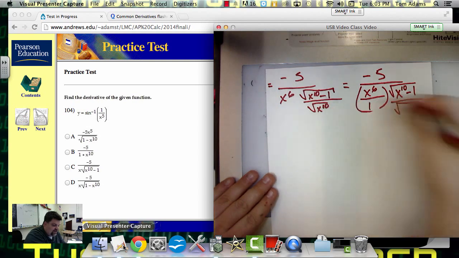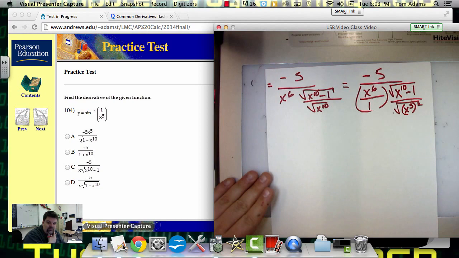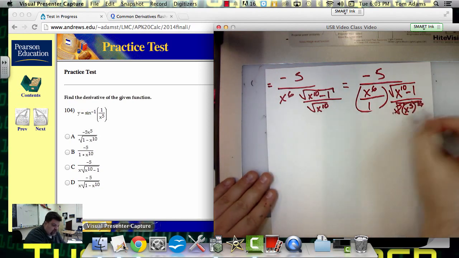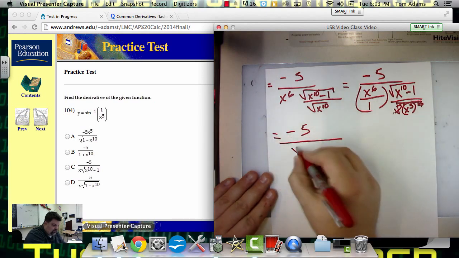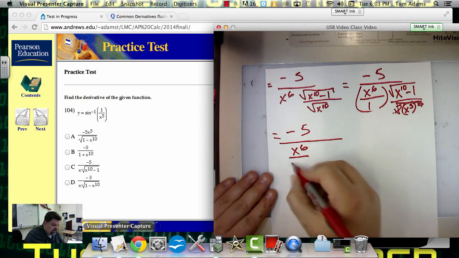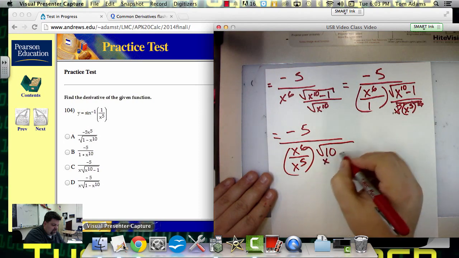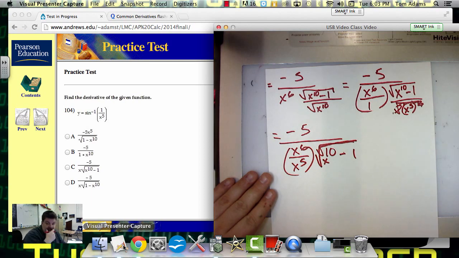Now, x to the 10 is the same as x to the 5 squared. So when you take the square root of a square, that kind of undoes itself, so I can pull out this x to the 5th. So I've got negative 5 all over x to the 6 all over x to the 5th, times the square root of x to the 10 minus 1. Okay?